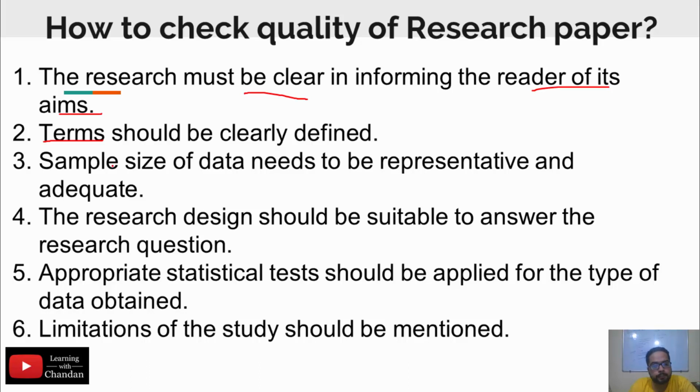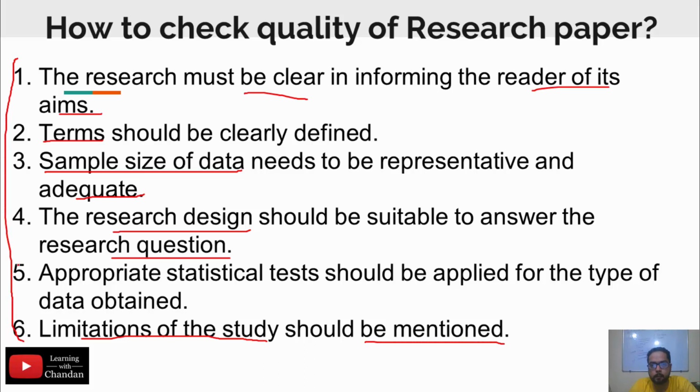The sample size of the data needs to be adequate. The design of the work should be able to answer the question, right? And the limitations of the study should be mentioned. Once you find these six things in a paper, then you can say that paper is actually a nice paper.